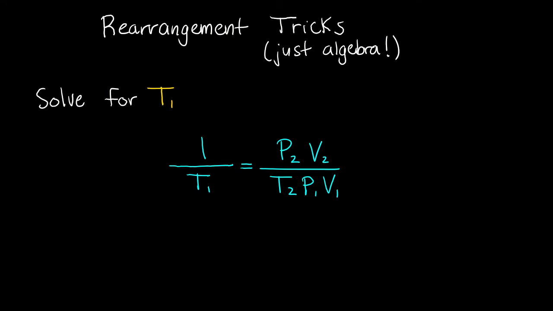One of the most common mistakes students make when they rearrange things algebraically is forgetting to flip everything if they need to. When you're solving for a denominator, such as solving for either T1 or T2, you will get 1 over the temperature when you move the pressures and the volumes to the opposite side.